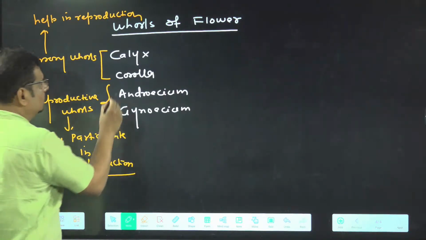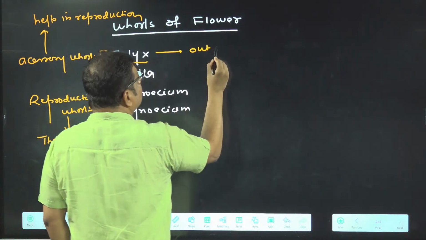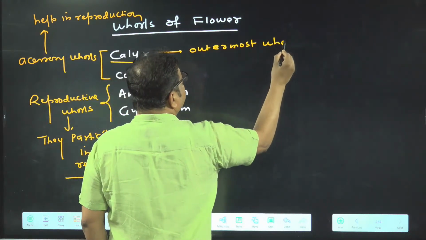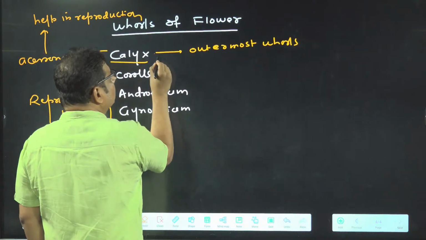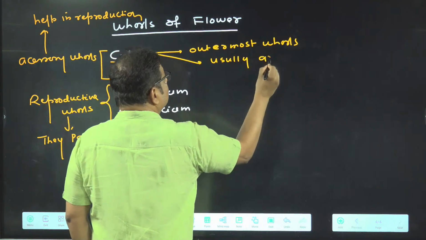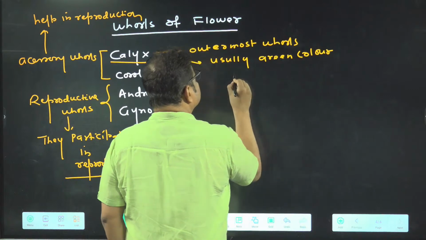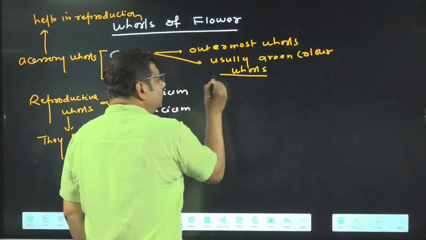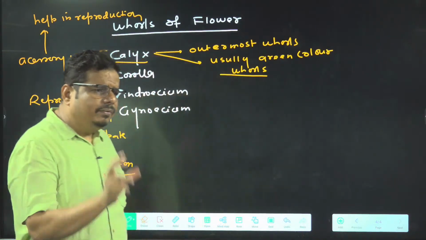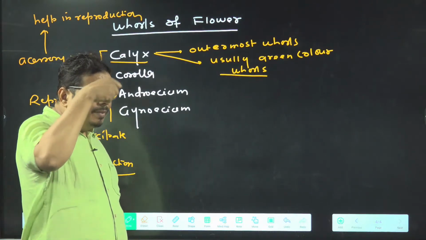So calyx is the outermost whorl, and usually a green-colored whorl. Got the idea? In most flowers, the outermost layer of floral leaves is green, and that is called calyx. So many leaves are there.